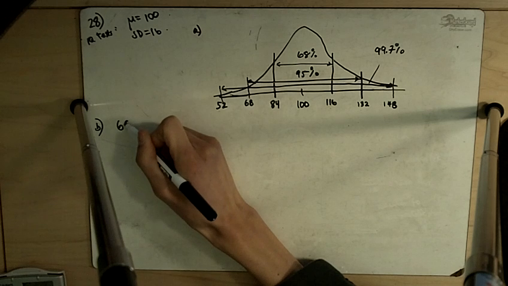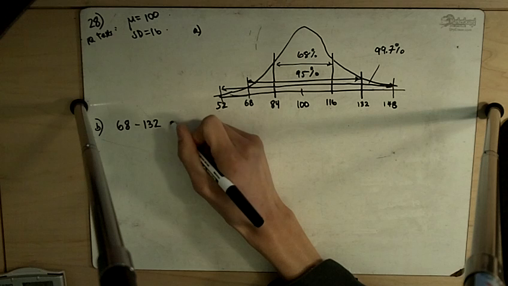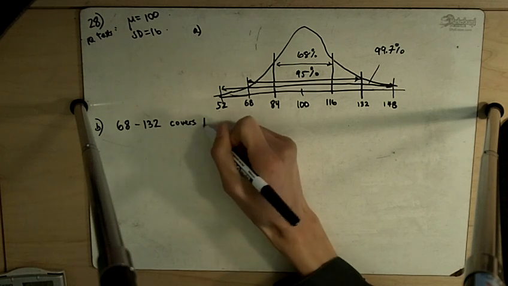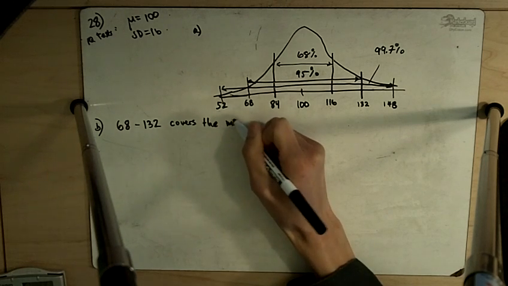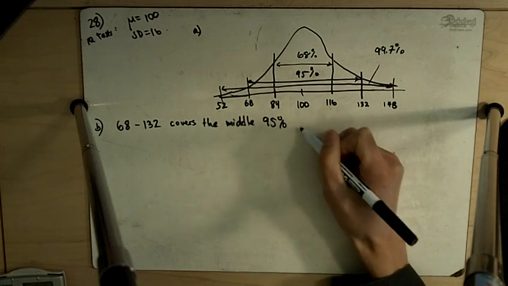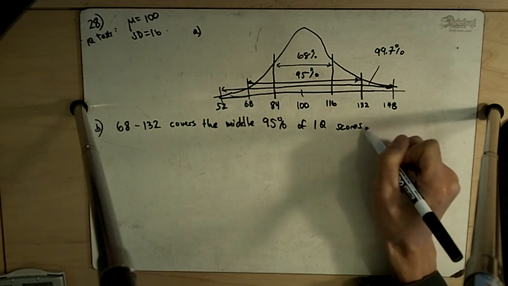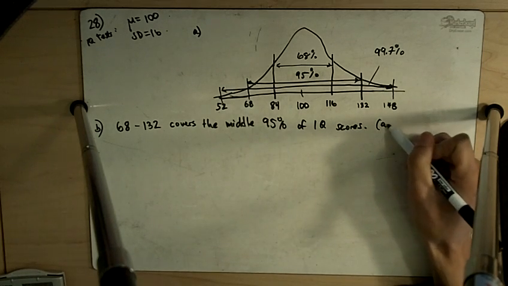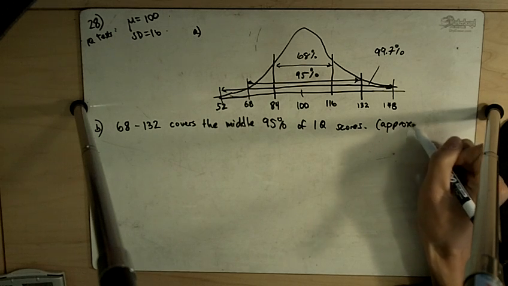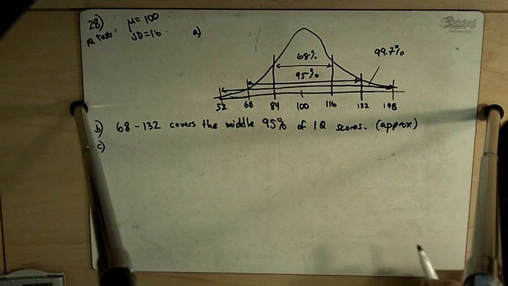So that middle interval will be 68 to 132, covers the middle 95% of IQ scores. And again, this is an approximation. If we wanted to find the exact values, it would be off just by a tiny bit.